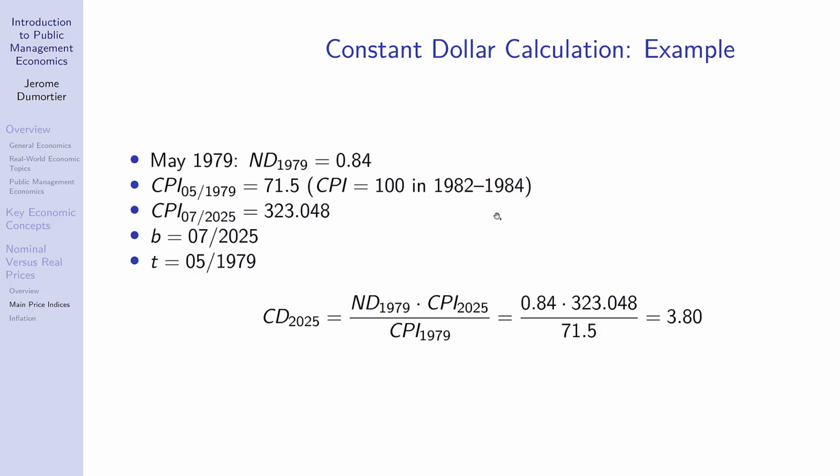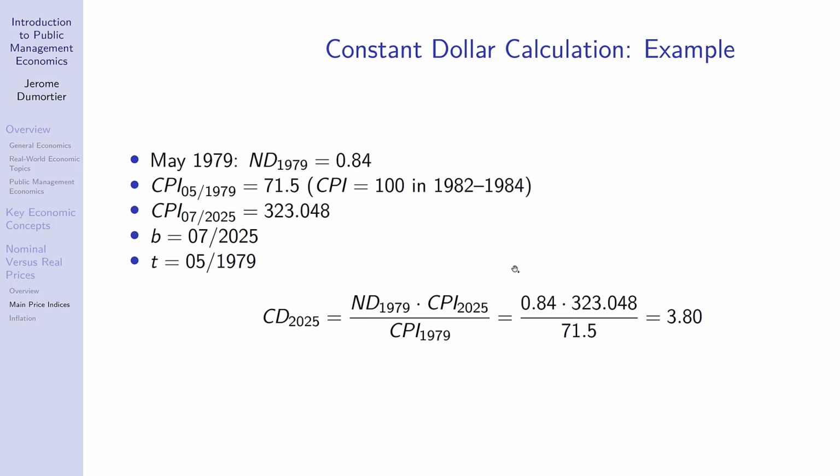So here, let us go back to the gasoline example, where the gasoline price in 1979 was 84 cents. The CPI in May 1979 was 71.5, and the CPI in July of 2025 was 323.048.